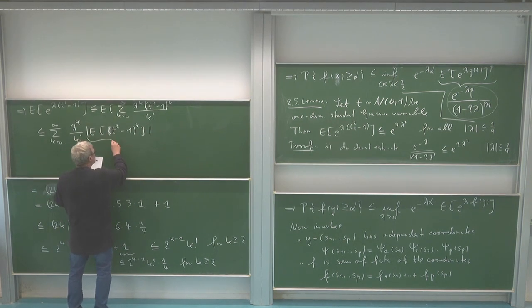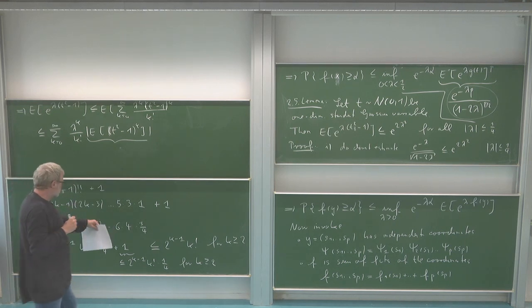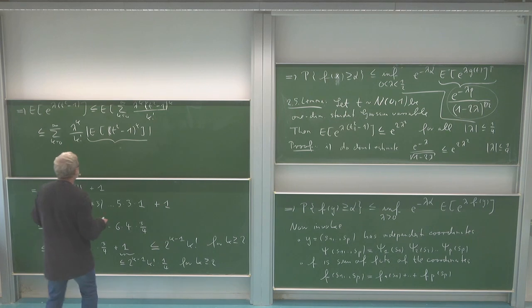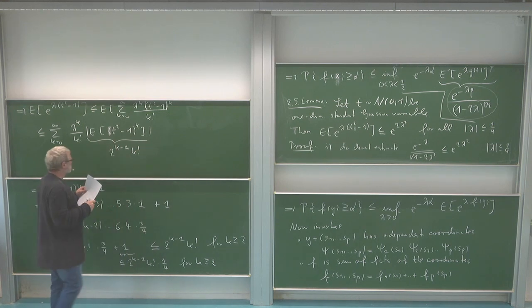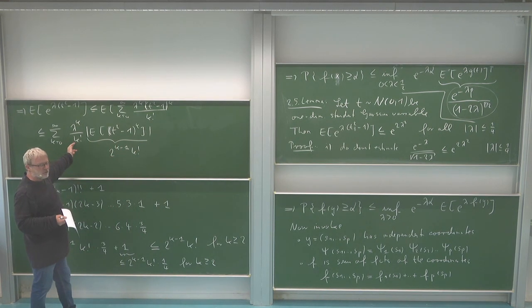So this is the kth moment of t squared minus 1, but this is exactly what we estimated here. I mean, that was the whole thing which I did here, to estimate this against 2k minus 1 times k factorial.